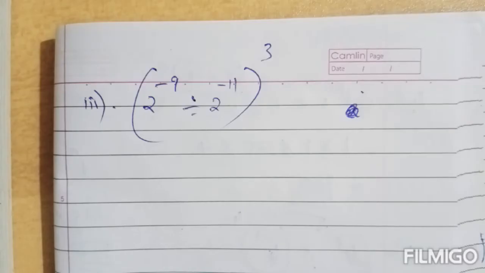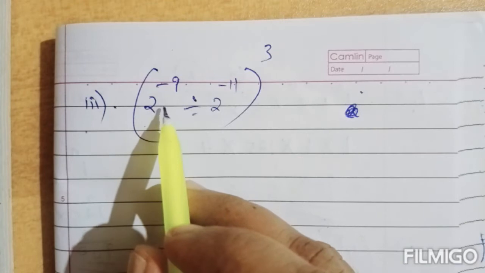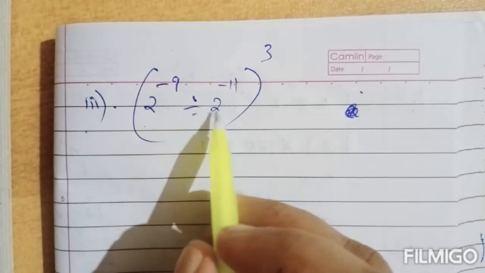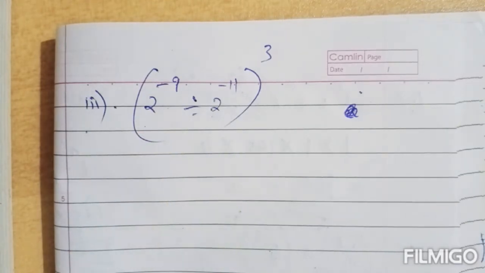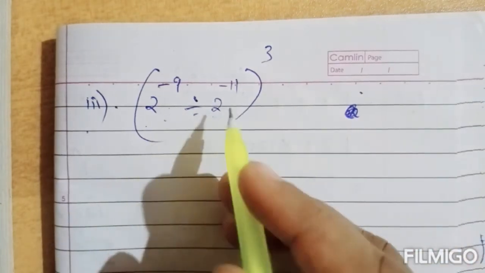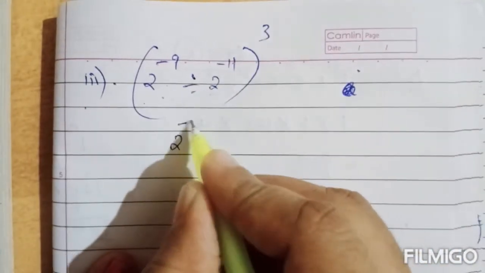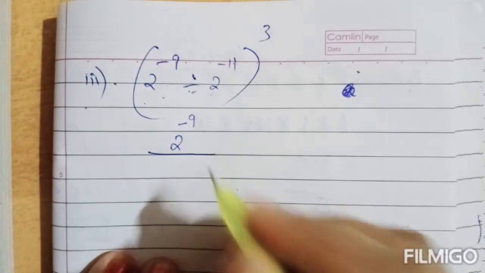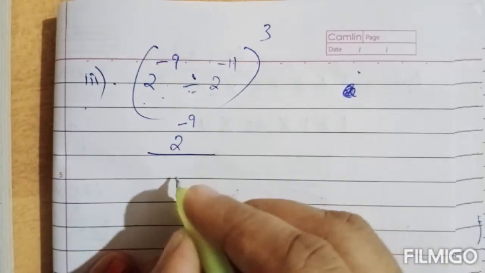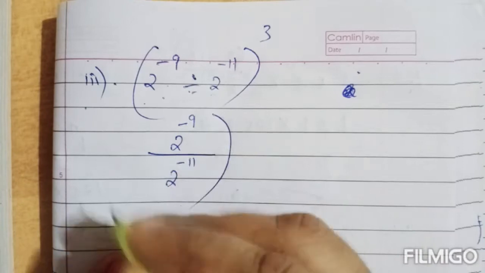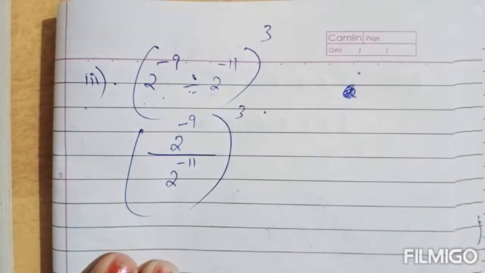In that third one, 2 raised to minus 9 divided by 2 raised to minus 11 whole raised to 3. So how can we write this? 2 raised to minus 9 divided by 2 raised to minus 11 whole raised to 3.